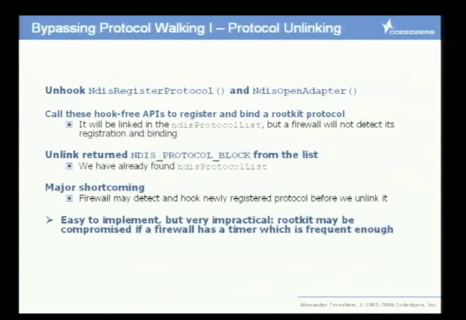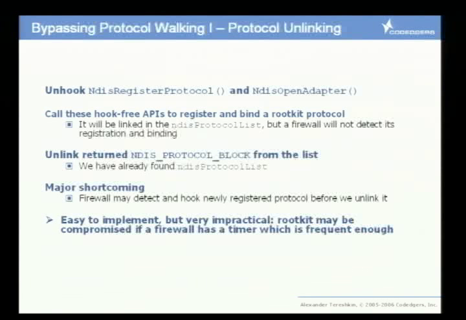And after the unhooking has finished, a rootkit will have to call these hook-free APIs to register and bind the protocol. So this protocol will exist in this protocol list.